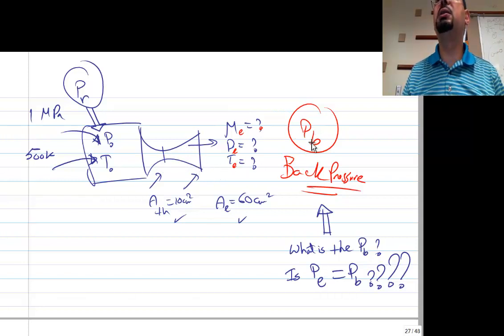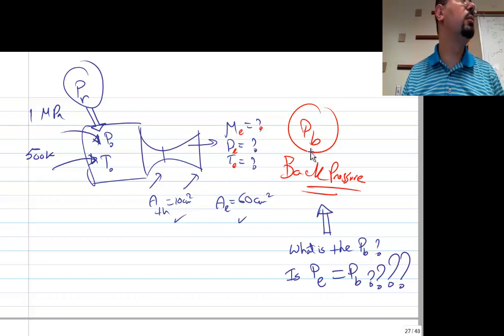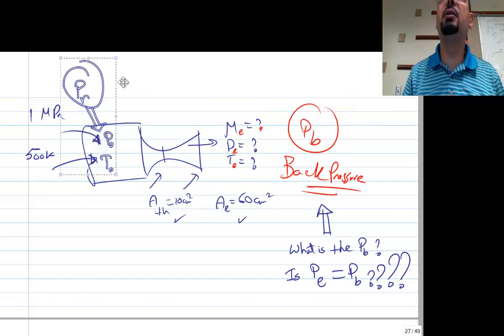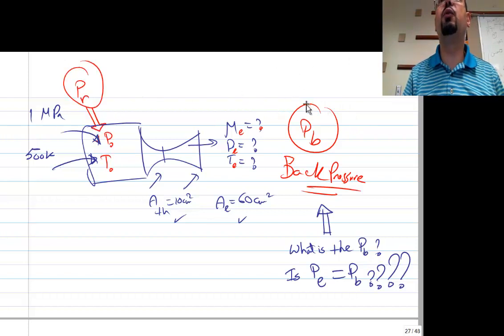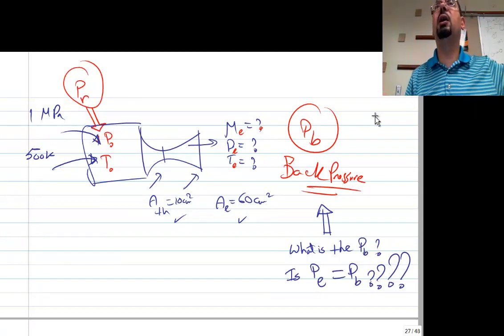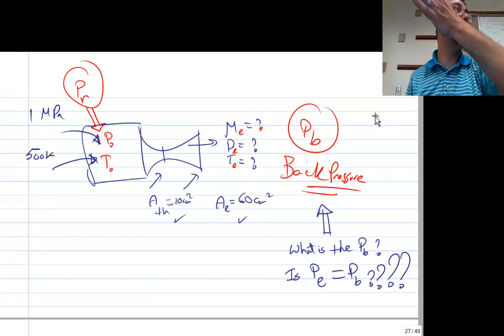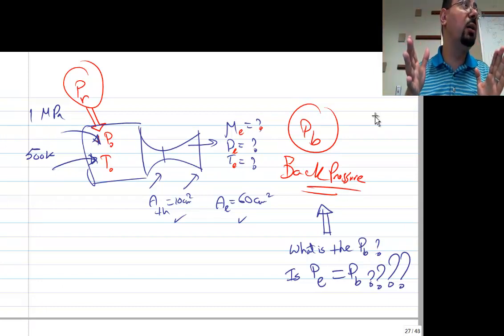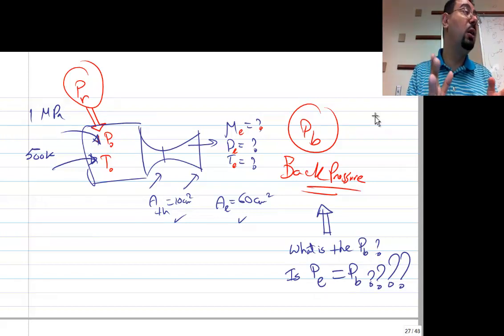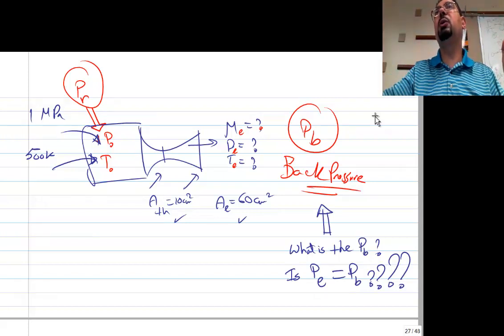It depends on the back pressure here. The back pressure is the pressure outside the nozzle. The relation between the back pressure and the reservoir pressure, or P note at the start, which happens to be P note throughout the nozzle. As long as this nozzle is isentropic, with no friction, P note, P note, all the way.